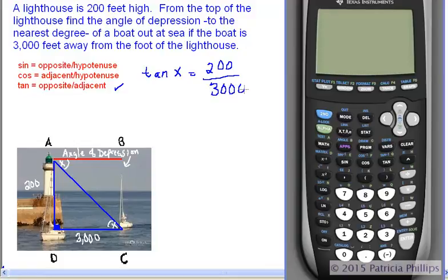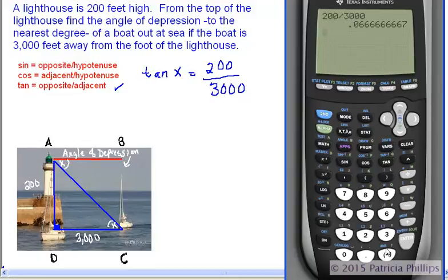So we have to figure out what 200 divided by 3,000 is. So we're going to turn on our calculators and do some simple math. 200 divided by 3,000 equals 0.0666.